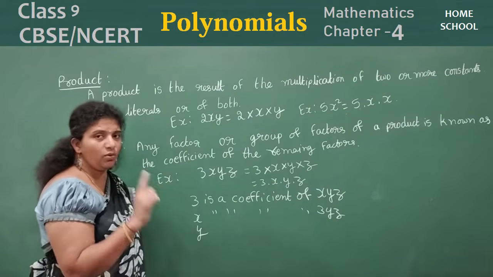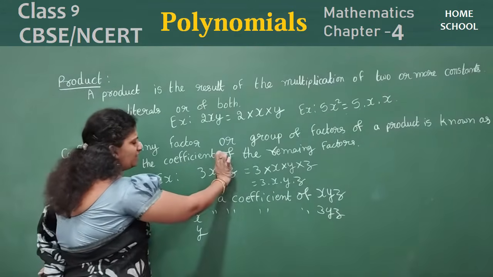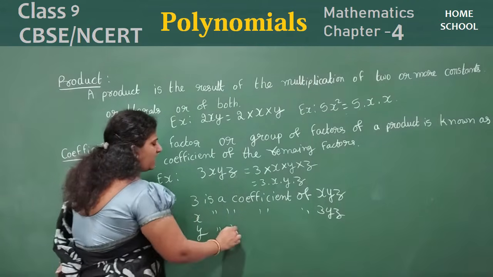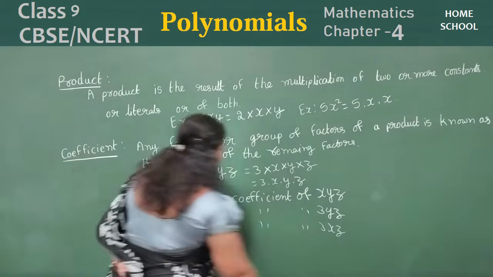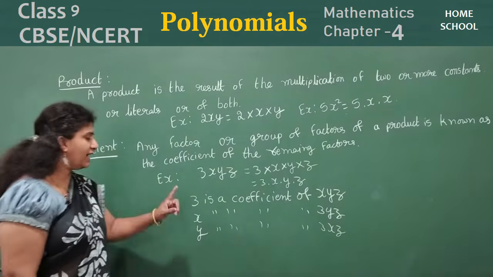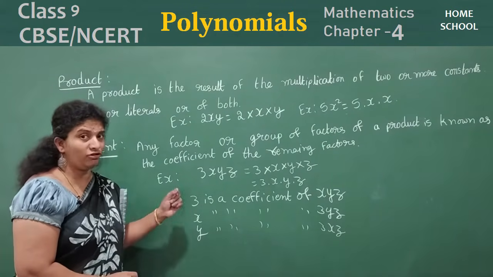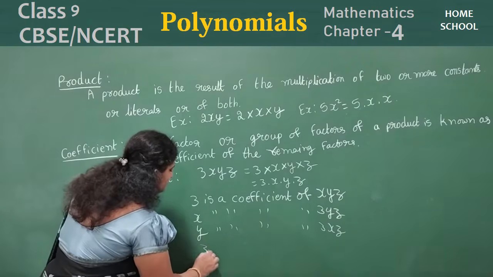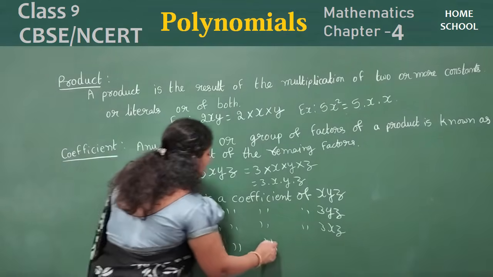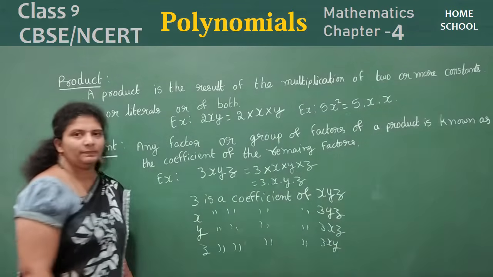If I ask you only one literal, y means other than y. y is a coefficient of 3xz. Other than that letter, you need to say the remaining letters, which are all the factors. Suppose I ask you z. z is a coefficient of 3xy.